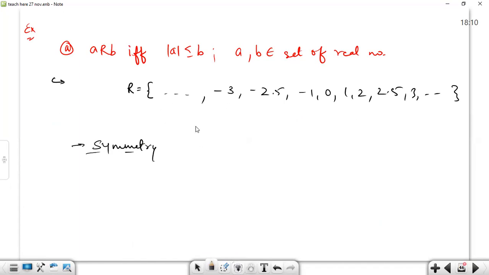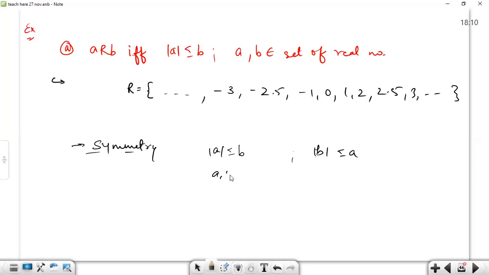Symmetry means if we say A is related to B, modulus of A is less than or equal to B, can it be possible that the modulus of B is less than or equal to A?